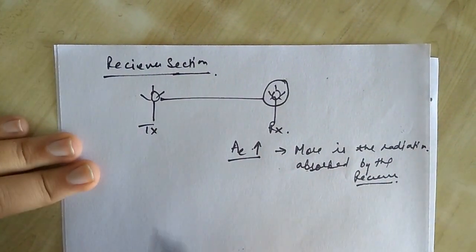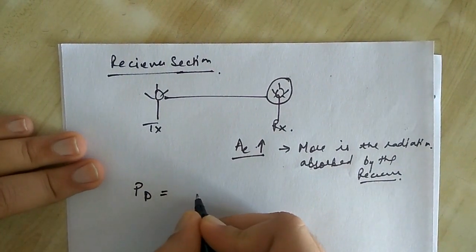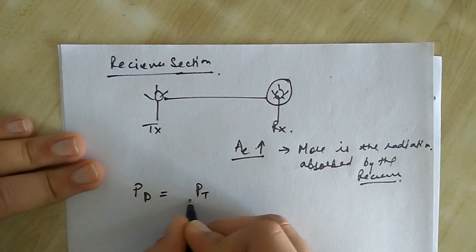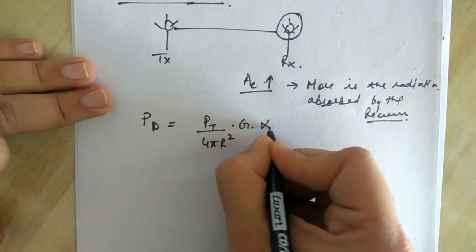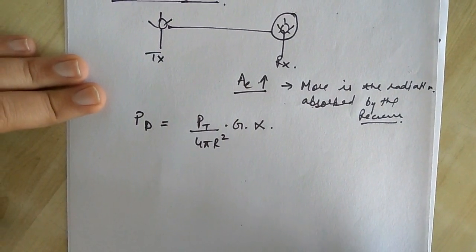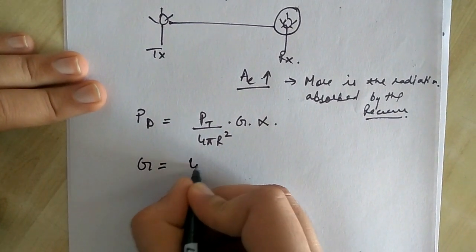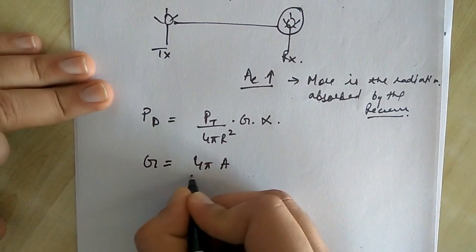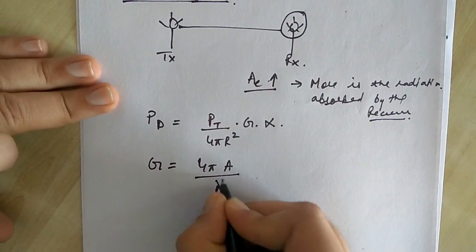So ultimately the power density of the transmitting antenna is given by Pt upon 4 pi r square, into the gain factor, into the attenuation factor alpha. Now the gain factor which is introduced by the receiving antenna is given by G equals 4 pi A upon lambda square.